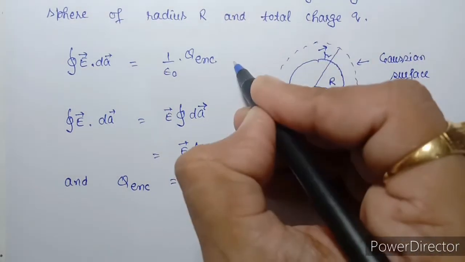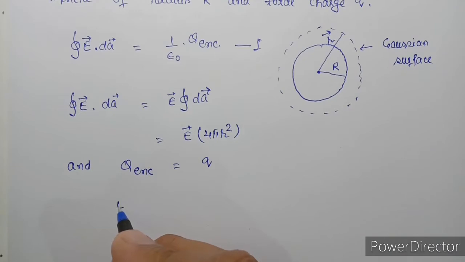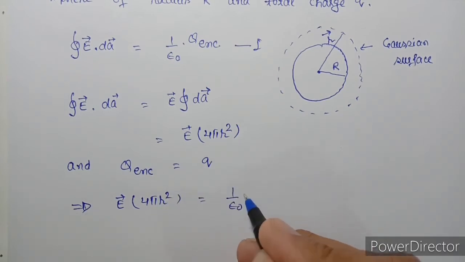Now substitute these values in equation first, then we can write E times 4 pi r square is equal to 1 over epsilon naught times q.